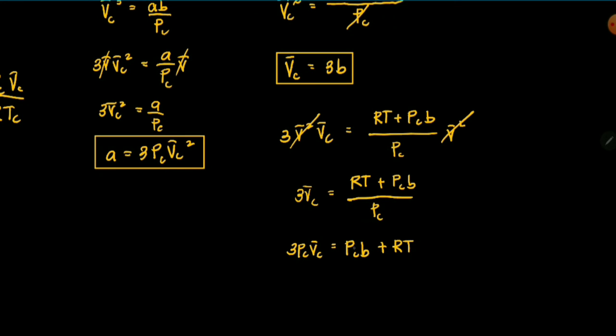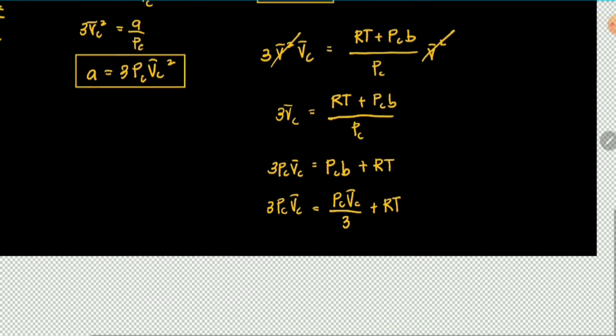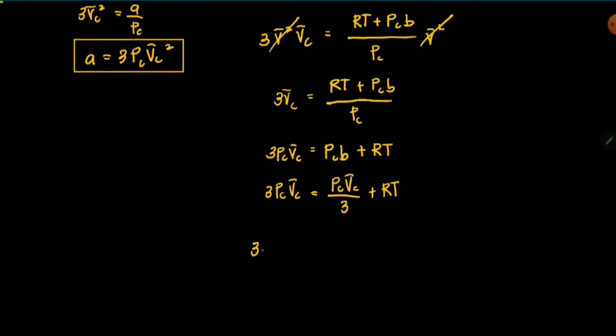So, what is B equal to? B is equal to VC over 3. So, 3PCVC is equal to PCVC over 3, because we substituted it here, plus RT. Okay? So, 3 minus 1/3, I move this to the other side. PCVC is equal to RT. What is 3 minus 1/3?